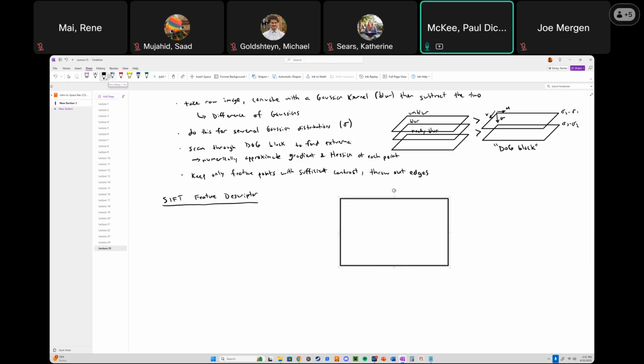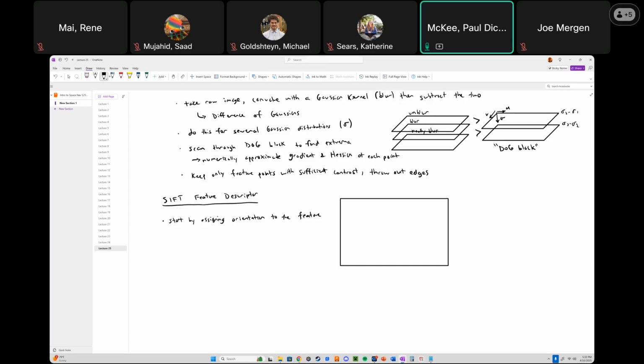Okay, so how do we describe a feature? Let's say we found a point in an image that we think is interesting. How do we describe it? So we start by assigning orientation to the feature.